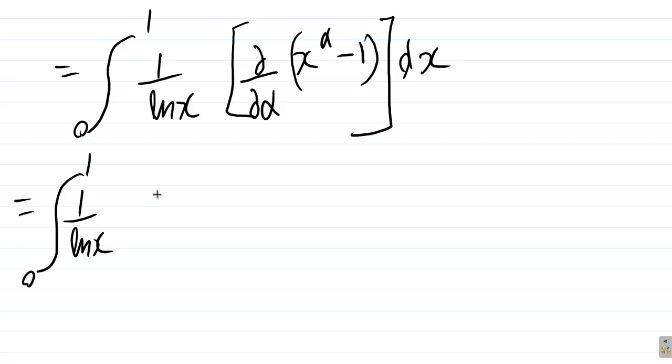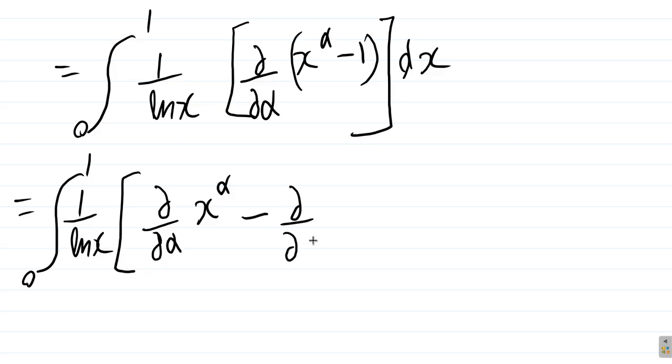Inside this bracket, we have the partial by partial alpha of x to the alpha minus the partial by partial alpha of 1. Alright. And later on we integrate with respect to x.